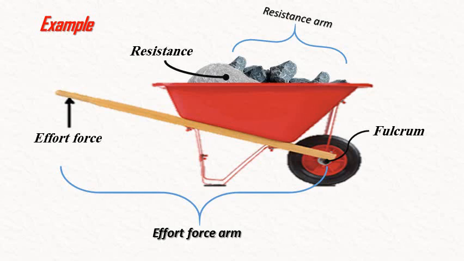The resistance arm is the distance between the resistance force and the fulcrum. This is a very easy example. The problem here is to determine the resistance force, effort force, resistance arm, effort force arm, and fulcrum. Don't forget the resistance arm and effort force arm must be in the same unit to apply the law.